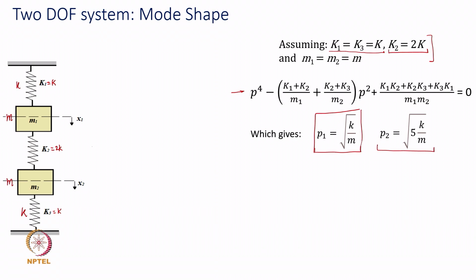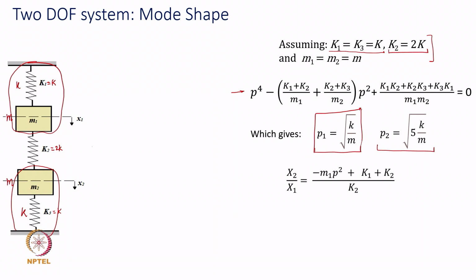We will soon find that out, but this simple expression of square root of k over m indicates that at the first natural frequency this system will be almost independent of the second system. We will figure that out very shortly.